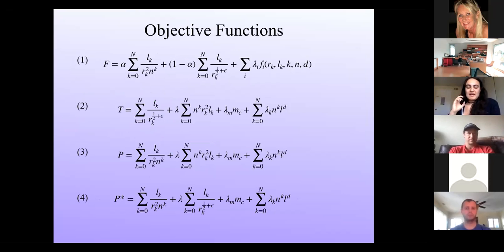The second term has to do with conduction time delay. So the term in the numerator is the length of each branch, and then in the denominator, we have the velocity. And this parameter epsilon has to do with myelination, which is, for neurons, this insulation that surrounds the fiber and facilitates the conduction.